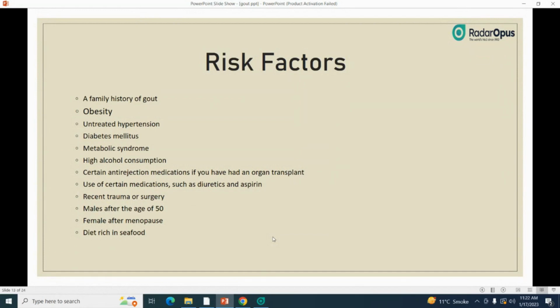So in risk factors, weight is the most common factor, that is what we call obesity. If you are overweight, your body produces more uric acid and your kidneys have a more difficult time eliminating that uric acid. And age and sex: if we discuss males, after the age of 50 years or more, males get affected easily.